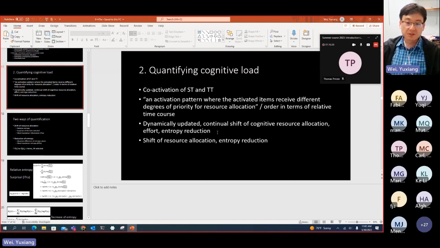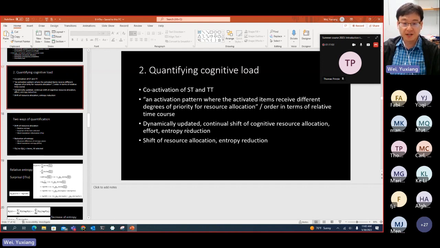So from this perspective, we would naturally have two ways of quantifying it. One is the shift of resource allocation, as I've just described in the psycholinguistic studies, as formulated by Levy, which would be calculated from the relative entropy. Right? And another way we can quantify this process is by looking at how much entropy is reduced, right?